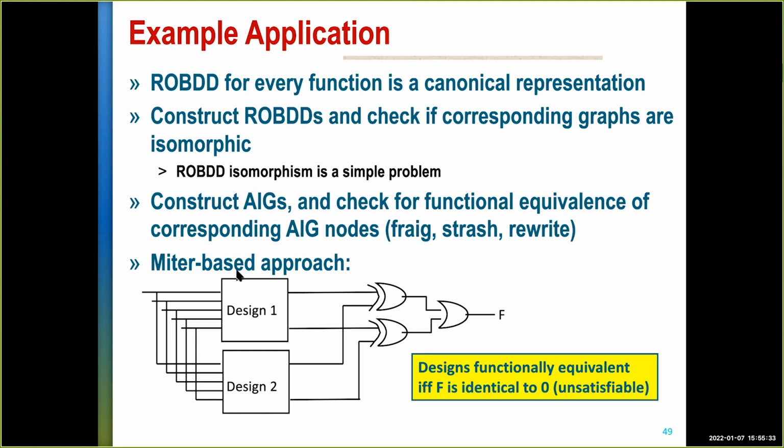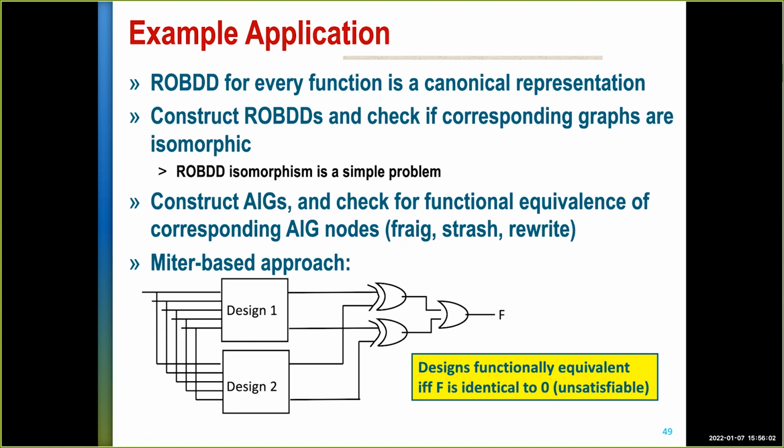Okay, did this make sense? So as you're trying to build the AIG for this and the AIG for this, AIG nodes can start getting merged. And if AIG nodes are getting merged, it means the corresponding things are already equivalent. So if an AIG node arising from this design merges with the corresponding AIG node from this design, it means that the corresponding points in the design were implementing the same functionality.